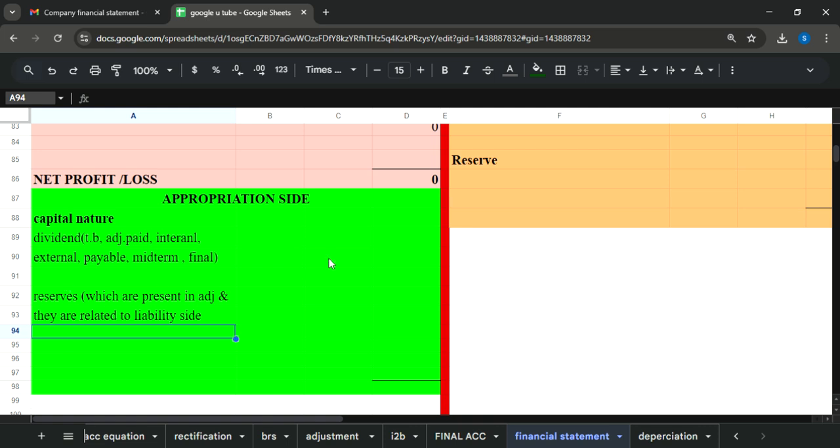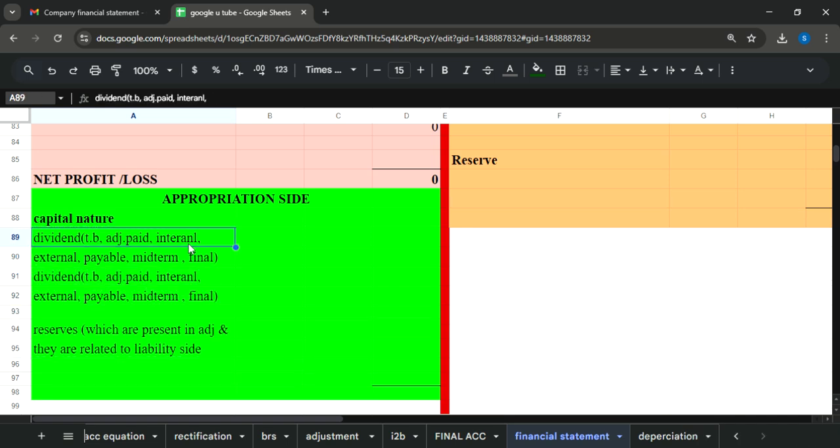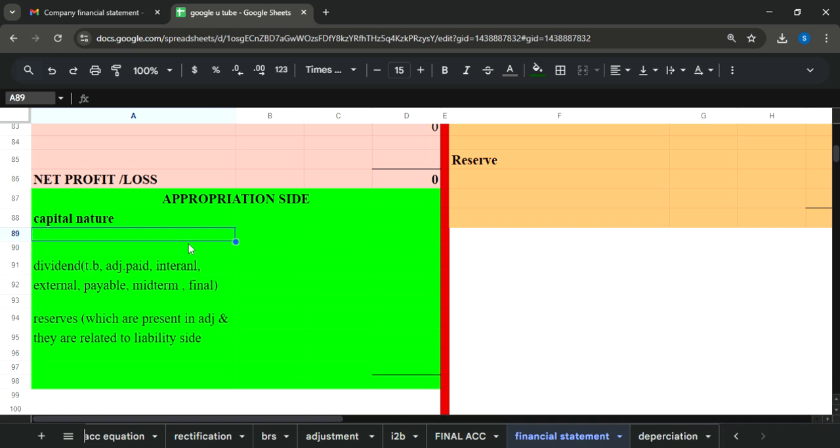On the other hand, when you will be discussing the income side of this particular part, what will you be recording? On the income side, you will see first of all the net profit, which would be mentioned over here.